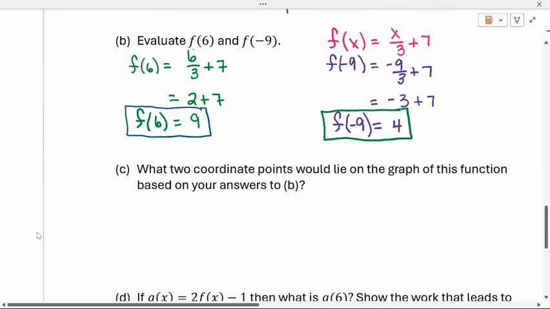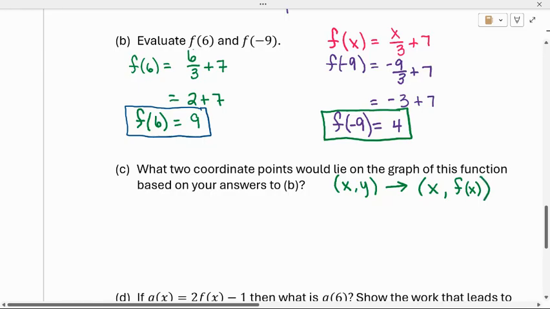So question C says, what two coordinates? Remember that coordinates are x and y, but I just told you that f of x and y are the same thing. So I'm looking for the ordered pair x and f of x because that represents my output. That's the ordered pair I'm looking for.